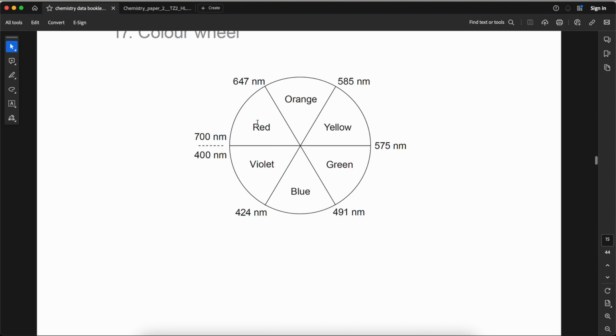It means it absorbs red color between 647 and 700 nanometers. When a solution appears in color, it is because the solution absorbs certain wavelengths of visible light. The solution appears green, so it absorbs the color of light that is complementary to green. They are located across from each other on the color wheel. So it is absorbing red light and appears as a green solution.